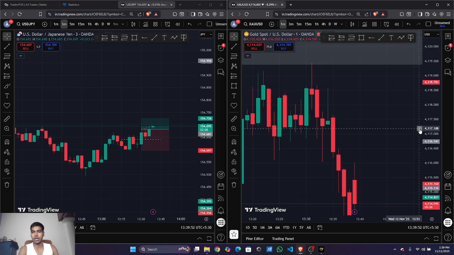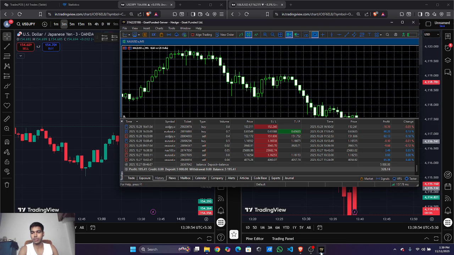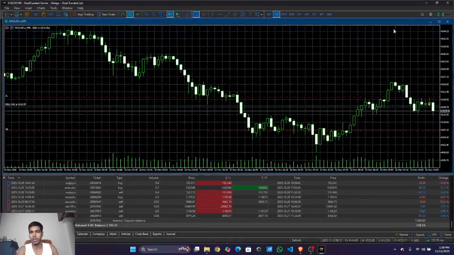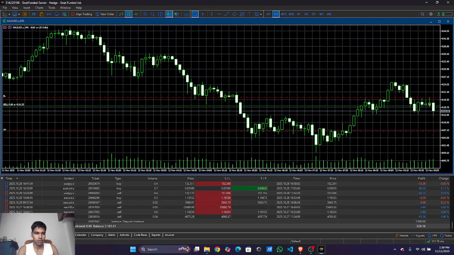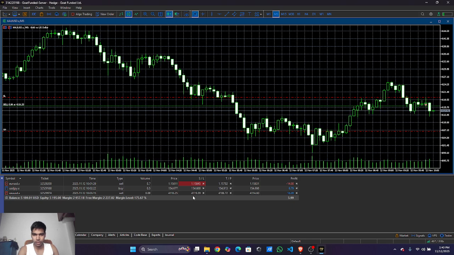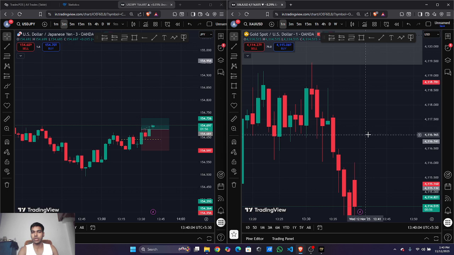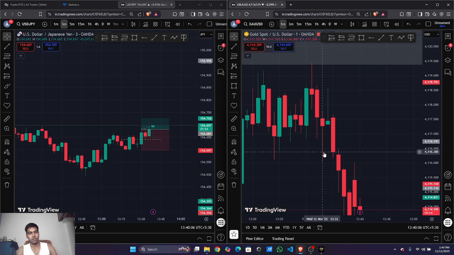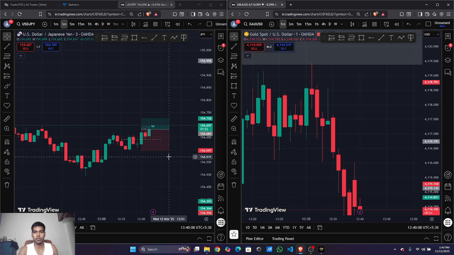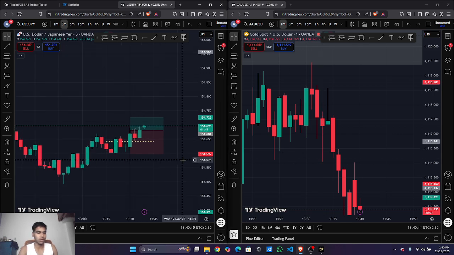Let's go over our entries. Don't worry, I will be as transparent as I can be. Here are my open trades. Here you can see all the 3 trades that are open. Let me draw it in the charts too. So we have one trade in JPY.